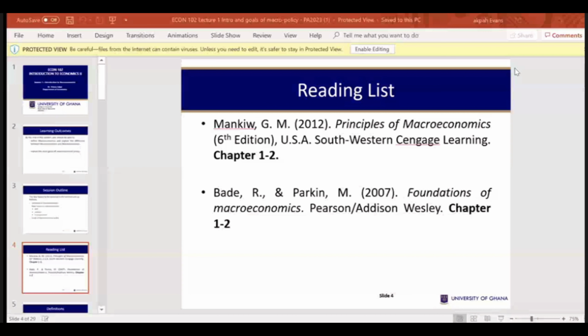Most of his thoughts were expressed in the book General Theory of Employment, Interest, and Money in 1936. These books were written after the First World War or so, trying to address macroeconomic issues during that period.